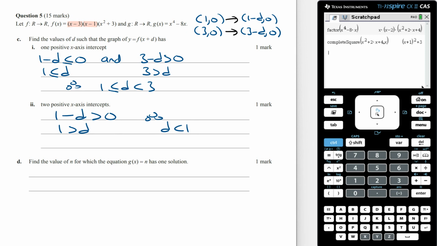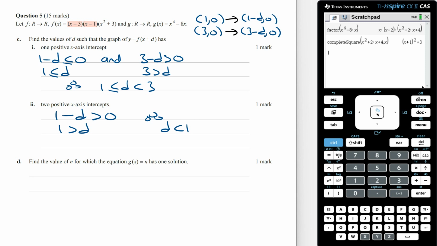Part D. Find the value of n for which the equation g of x equals n has one solution. For g of x equals n to have one solution means that if we draw a horizontal line, y is equal to some value n, then this line can only intersect the graph of g of x once.